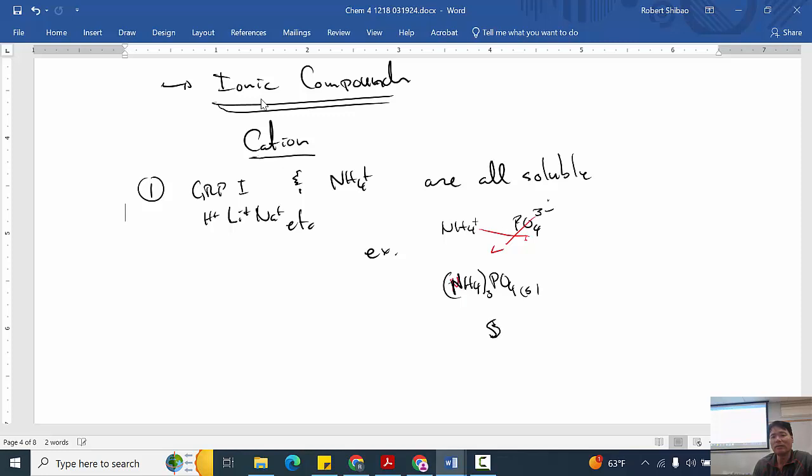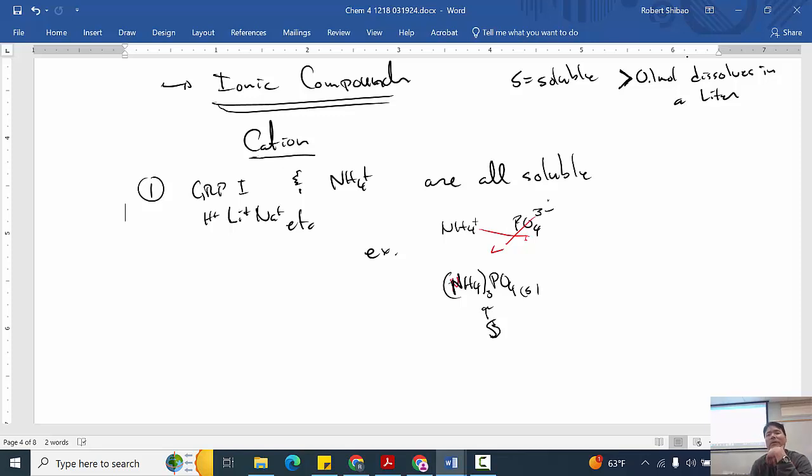I'm going to use S for soluble. We have 3 categories of solubility. S is equal to soluble, and the cutoff here is we want greater than 0.1 moles to dissolve in a liter. So if we can get more than 0.1 moles of that salt or ionic compound to dissolve, we're good.